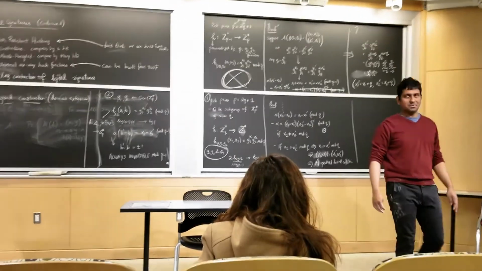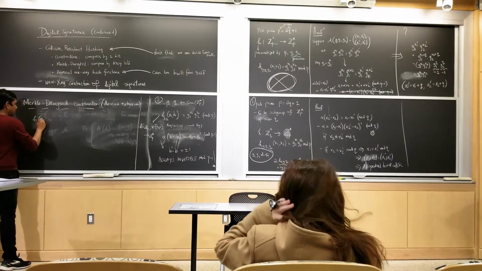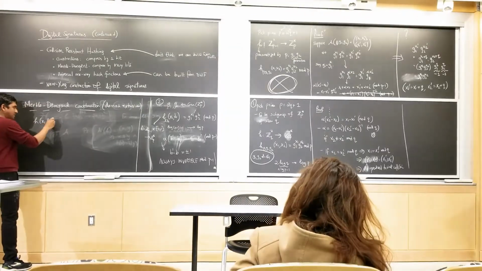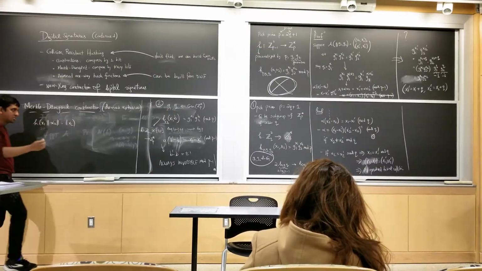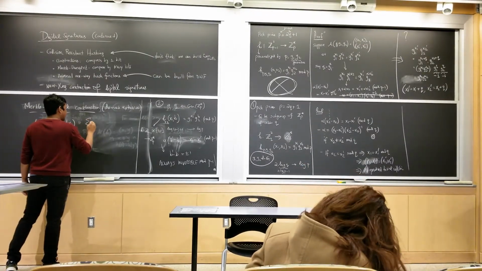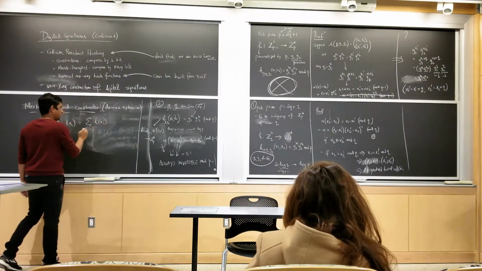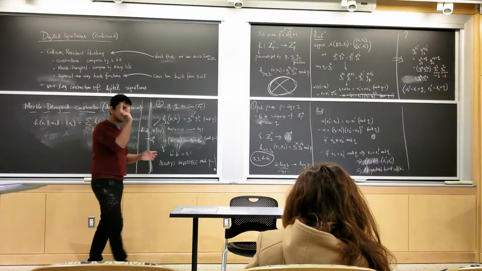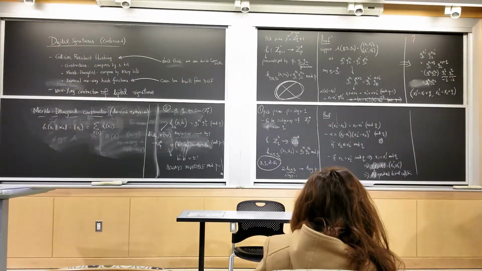So that is the hash of x1 concatenated with x2 up to xL, where L is very large. This is the sum of the hash of xi. So you hash each piece, then you put them together.